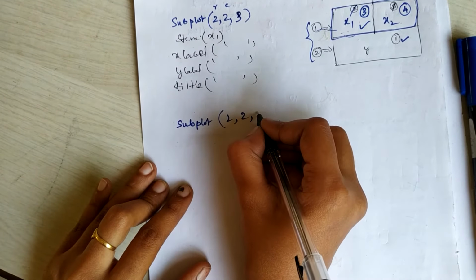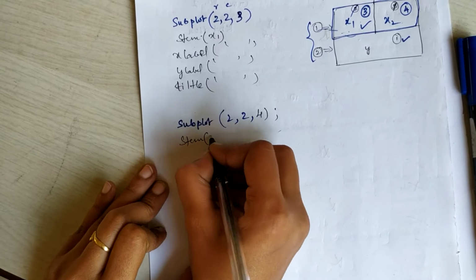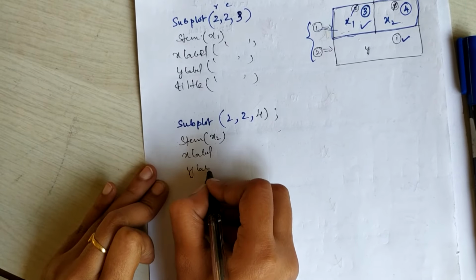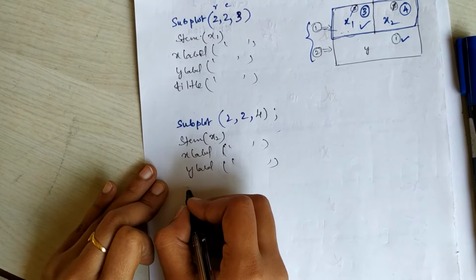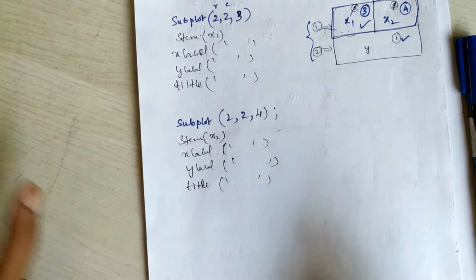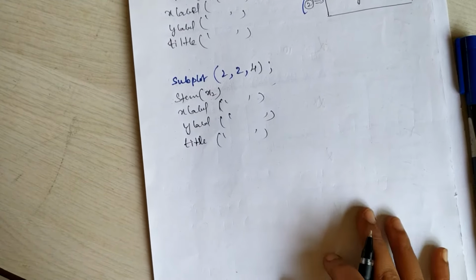So 2 comma 2 comma 4. So what will be the stem here? x2 plot. So again x label, y label: the time index will be the x label, the y label will be the amplitude, and title. So this is how we need to execute the program for the right sided sequence.